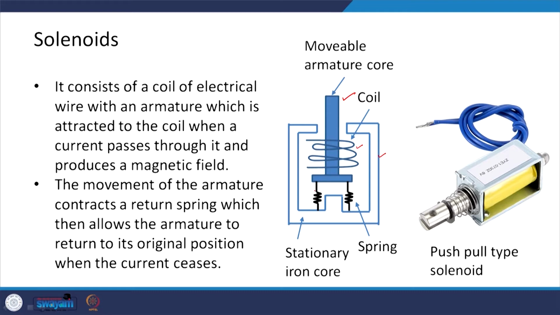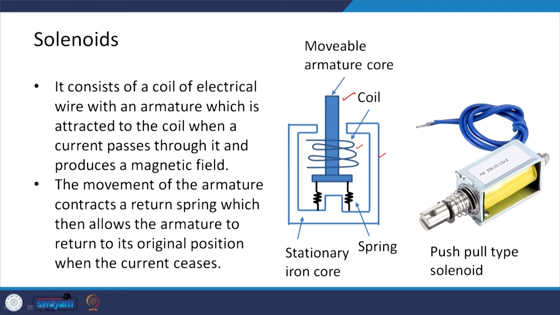Now, when you supply the current through the coil, a magnetic field is produced, and this movable iron core, the armature core, gets attracted. So, there is a motion in this movable armature core.